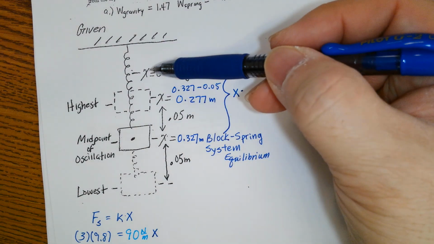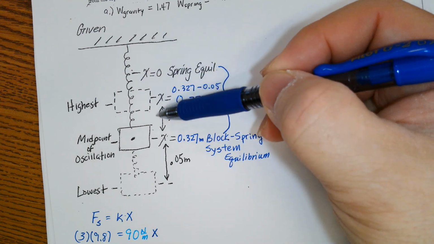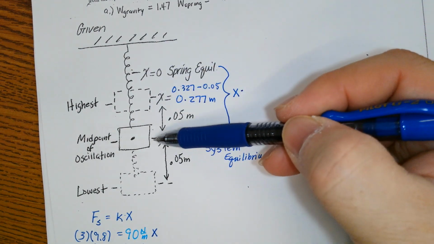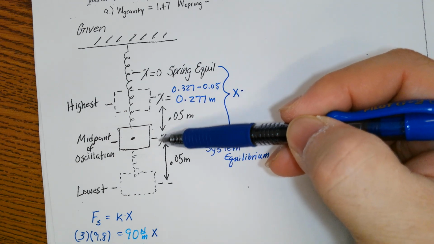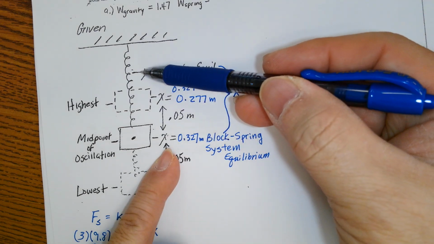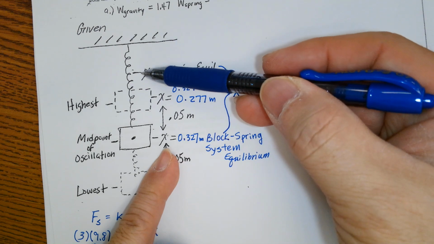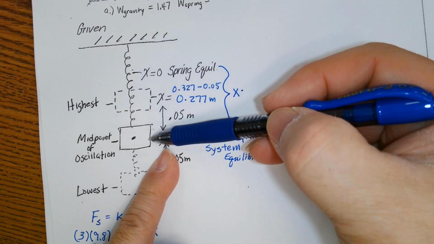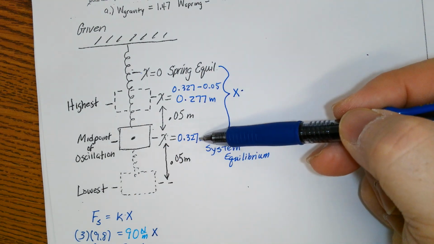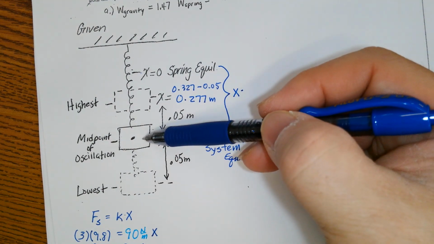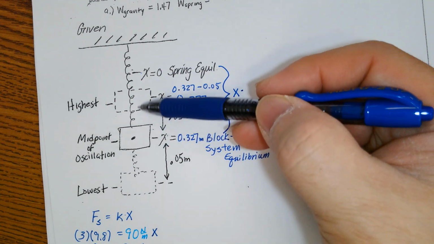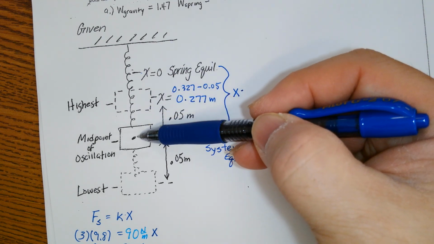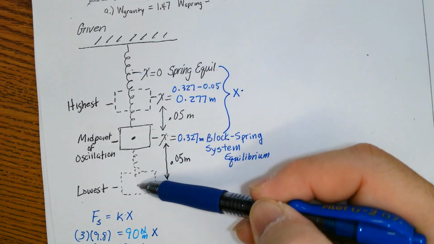So when this thing actually travels all the way down, it goes to 0.327 meters from the unstretched spring. When I put the 3 kilogram mass on it, it's going to stretch down to 0.327 meters. Then it's going to oscillate up 0.05 and then down to 0.327 and then below that 0.05.